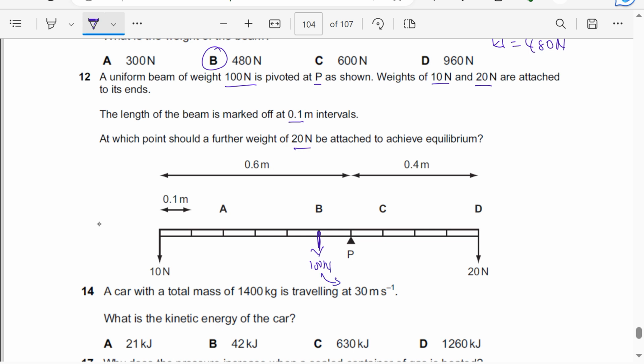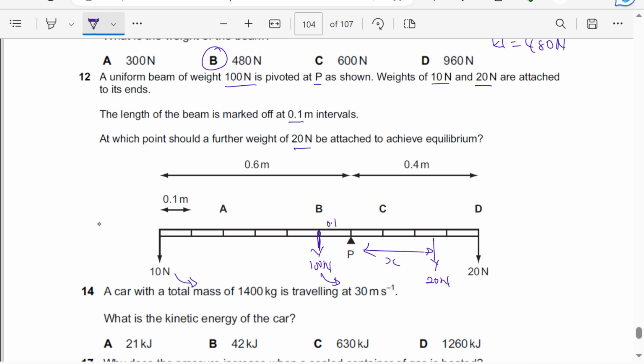So this is causing an anti-clockwise moment, and this is causing an anti-clockwise moment. It means the clockwise moment is now smaller because this distance is 0.1. 100 times 0.1 is 10. Then 10 times 0.6 is 6, so that is 16. On the left-hand side we have 20 times 0.4, which is 8. So the other one should be on the other side. I'll call the distance x, where another 20 newton force is applied on the right-hand side.